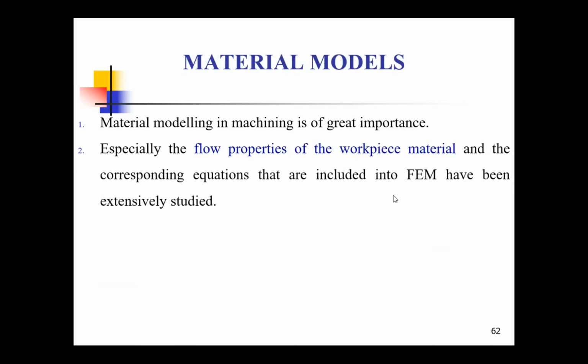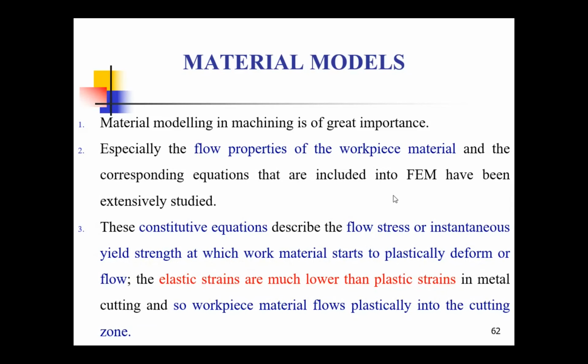In material models, how the material is going to flow matters, because based on the material model only, the material will shear off and then flow as a chip, right? There are many constitutive equations that describe the flow stress or instantaneous yield strength.